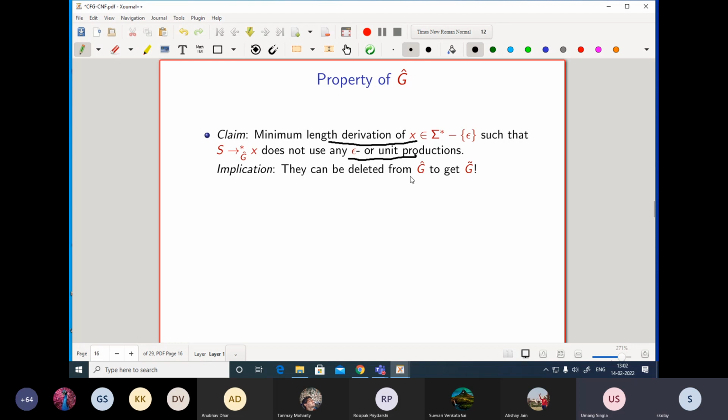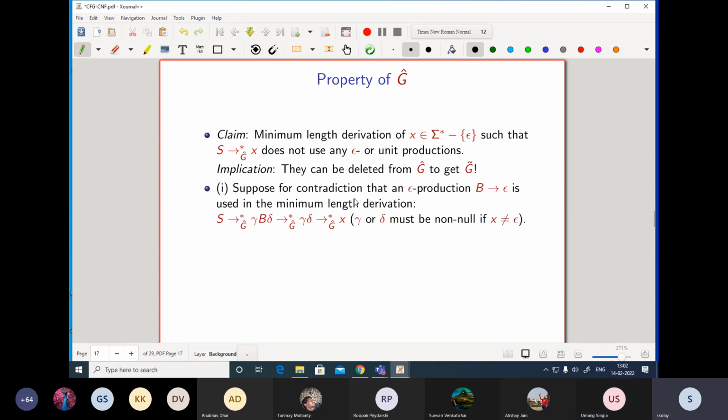So then the implication is that from G hat I can get a G tilde where all the epsilon productions and the unit productions are deleted, because I am preserving at least one derivation of x which does not use any epsilon or unit productions. So if I delete all epsilon and unit productions from G hat to get a G tilde, it would still generate the same language without using any epsilon or unit productions.